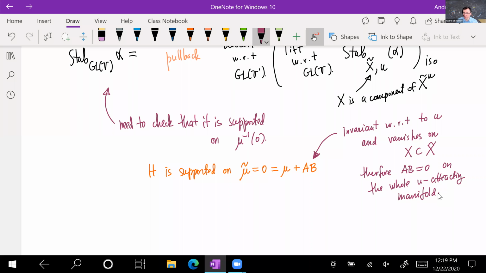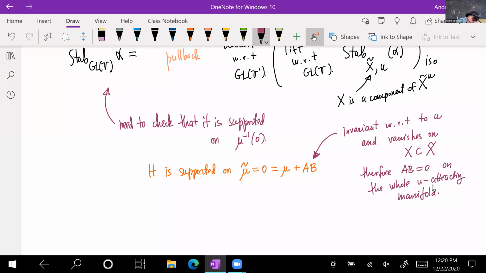U corresponds to scalar matrices, and the action of U on AB is a commutation, which is trivial action. So if I have some coordinate which was 0 at the beginning, and I take the attracting manifold, and that coordinate is invariant, that coordinate still has to be 0.